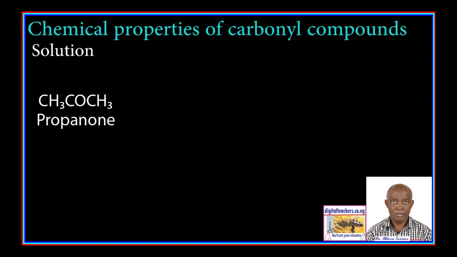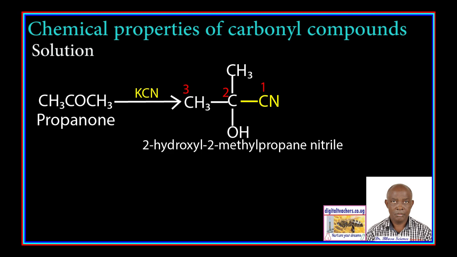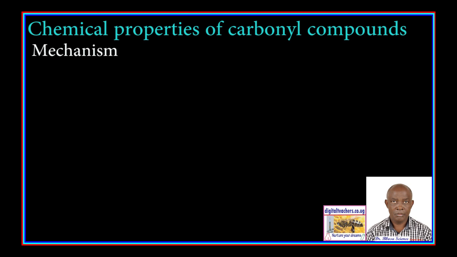Solution. Propanone reacts with potassium cyanide to form 2-hydroxy-2-methylpropanenitrile. In the mechanism, the cyanide ion donates a pair of electrons and bonds with the carbonyl carbon.